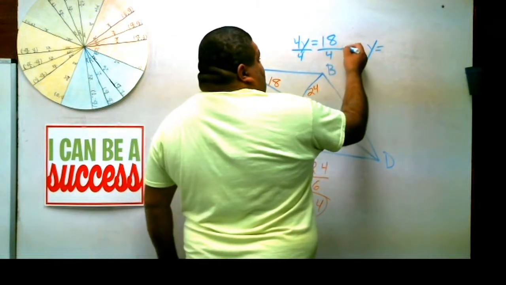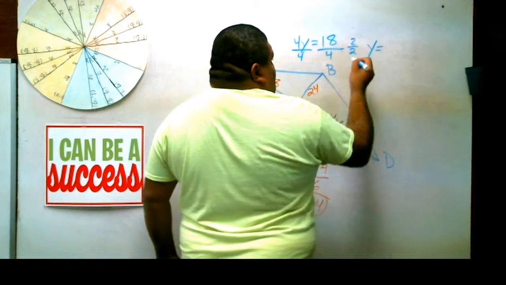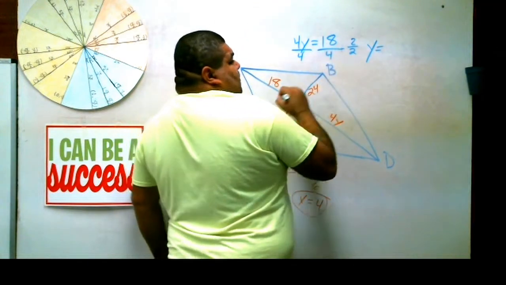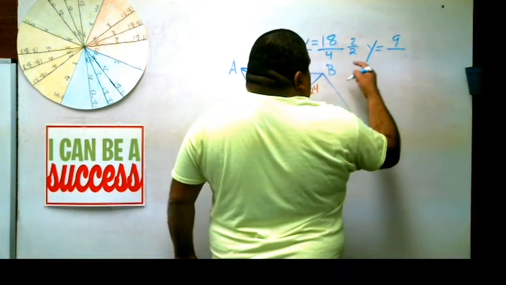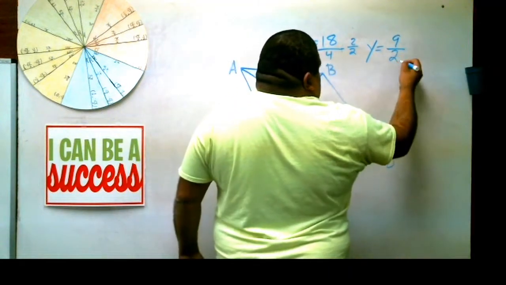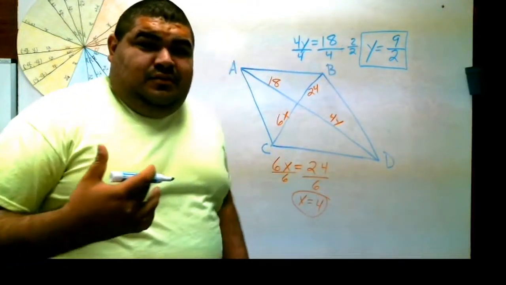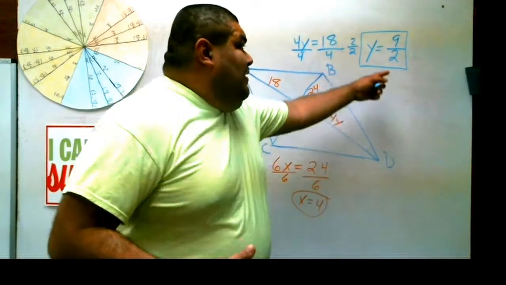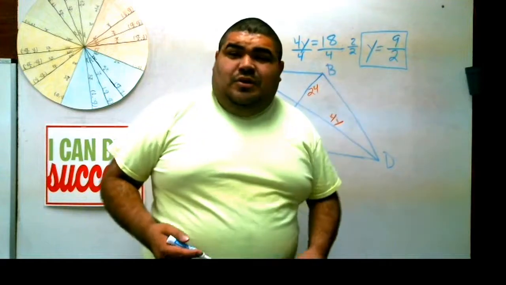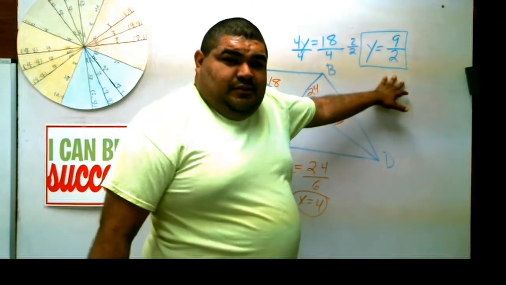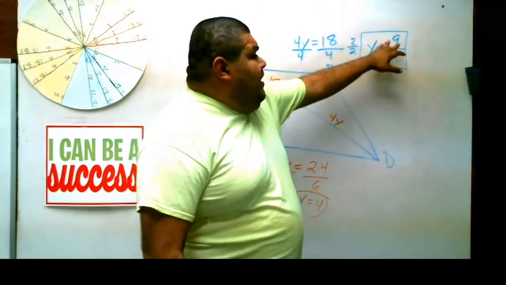I'm going to reduce it by 2. Okay? So 18 divided by 2 is 9, and 4 divided by 2 is 2. Since there's no other number that can divide the 9 and the 2, that is your answer. Okay? So y equals 9 over 2.